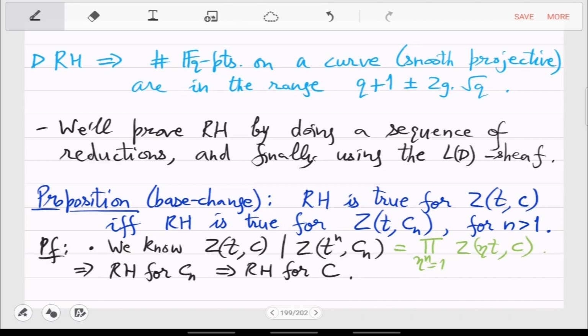So you will have information for the roots of Z(t, C_n). Actually, let's do this carefully.